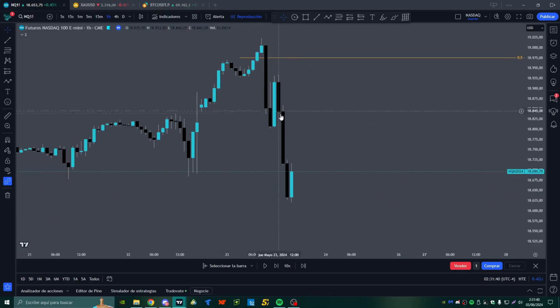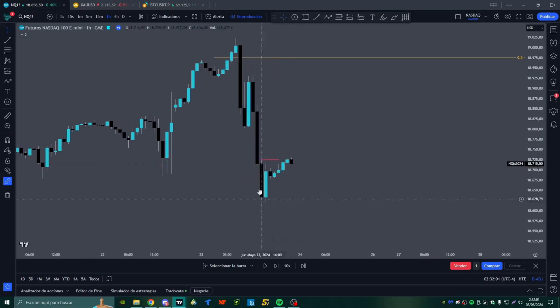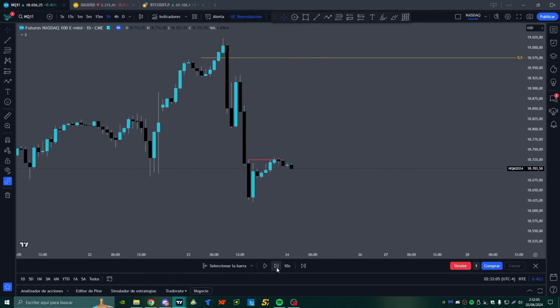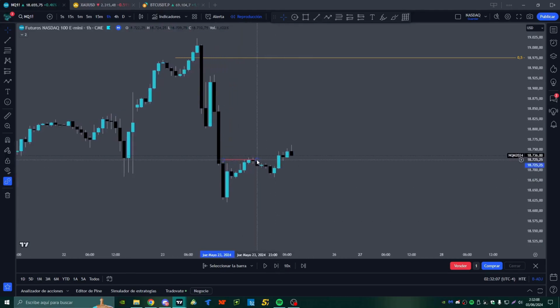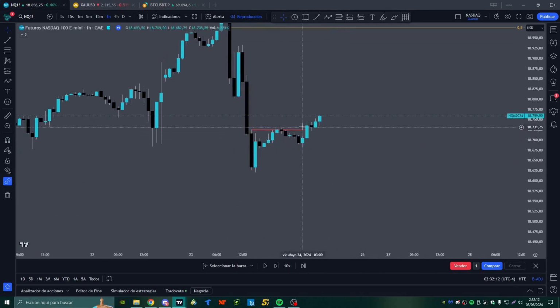If I am in a downtrend, that last bearish candle that was created and made the low, we will need it to close with a body above its high. If that never happens, I still don't have a pullback until I get that close with a full body. Well, I already have the close with full body. So for me, it's a valid pullback.